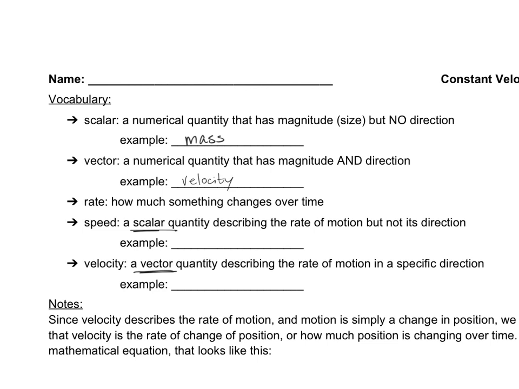That could be in any direction. So an example of this is if you're moving 8 meters per second. But a velocity is a vector. It describes the rate of motion in a specific direction. So you could have 8 meters per second going north.